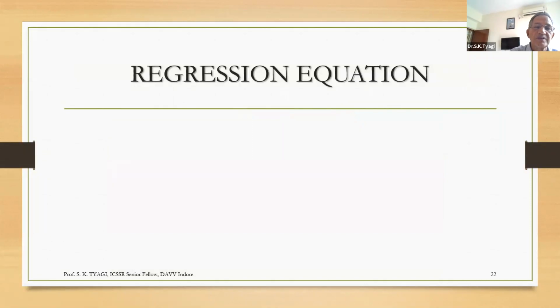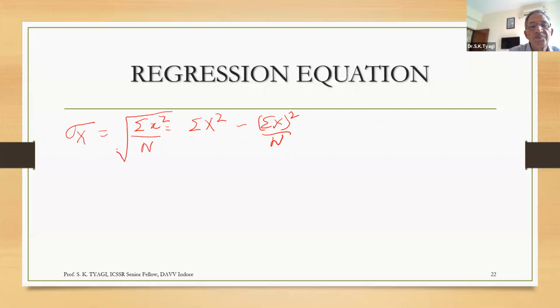See, sigma x square, where small x is deviation from mean, can be written as sigma x square minus sigma x whole square divided by n. I do not know whether you have come across this formula or not, because when we learn standard deviation, the standard deviation of x is the square root of sigma x square upon n.